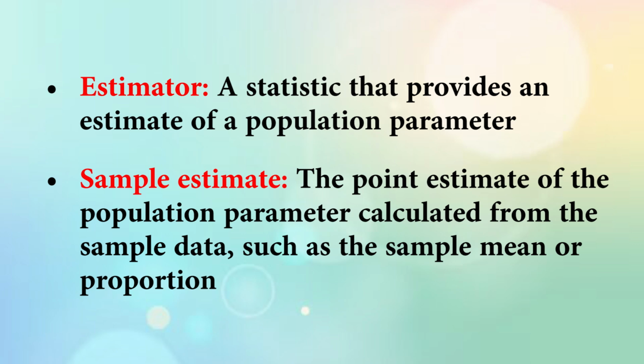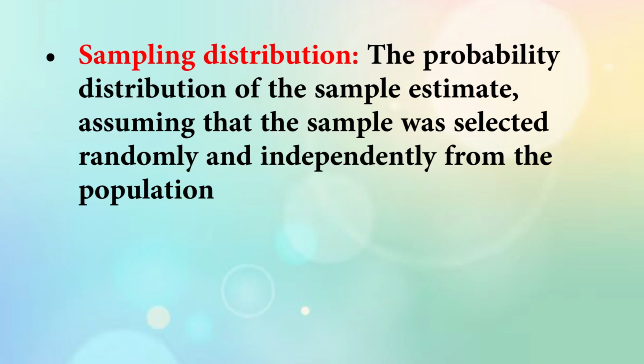Sample estimate: the point estimate of the population parameter calculated from the sample data, such as the sample mean or proportion. Sampling distribution: the probability distribution of the sample estimate, assuming that the sample was selected randomly and independently from the population.